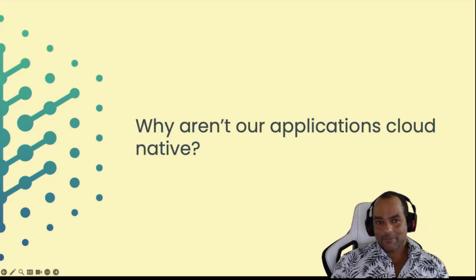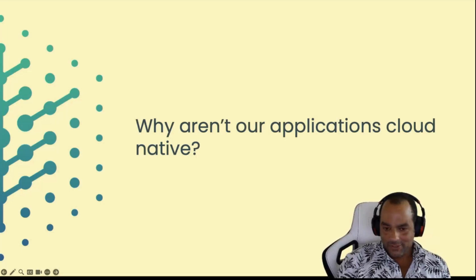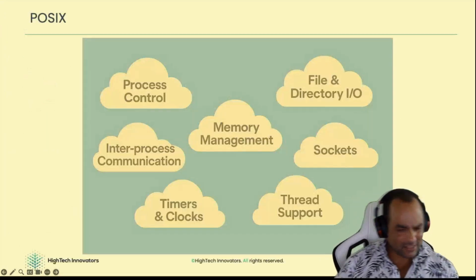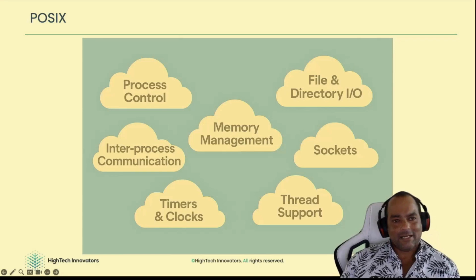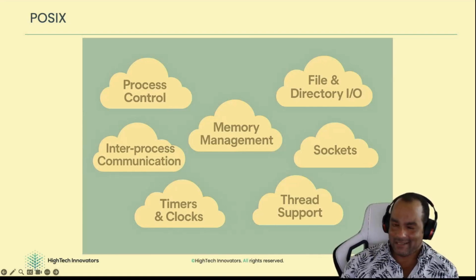And that goes back to a very ancient API we all use, and that API is called POSIX, and it's I think about 50 years old, maybe a little bit less, but something like that. So it's really old. It's a C API, and that's the API we use to do stuff. Pretty much anything a process does on the machine is in POSIX.